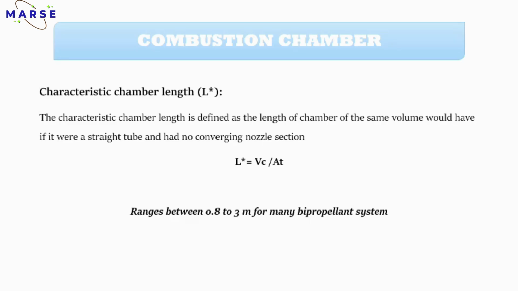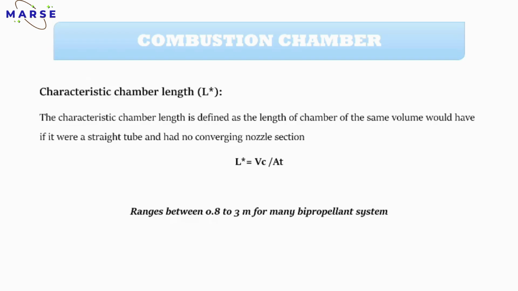In that condition, if the converging part is not there, you have to calculate the characteristic chamber length. The formula is Vc divided by At, the volume of the chamber divided by the throat area. So you will get the characteristic chamber length of that particular engine. Got it?